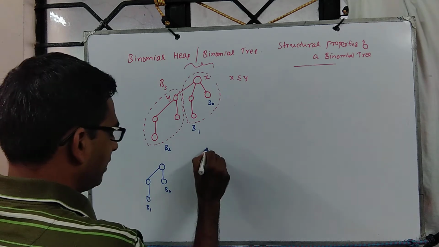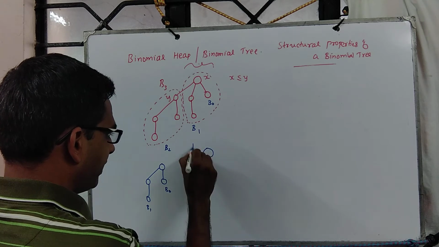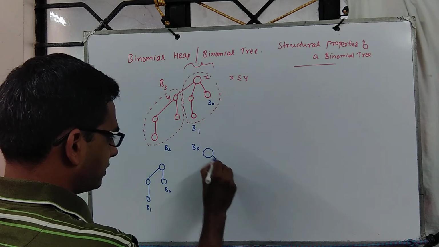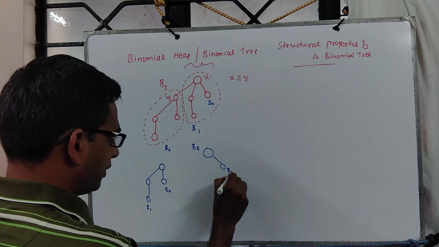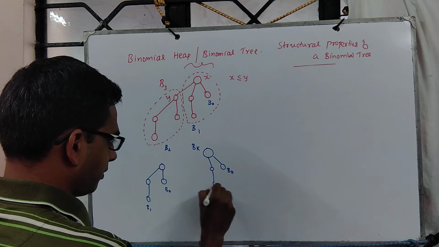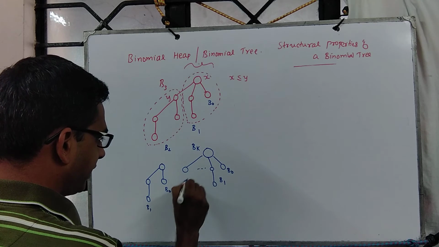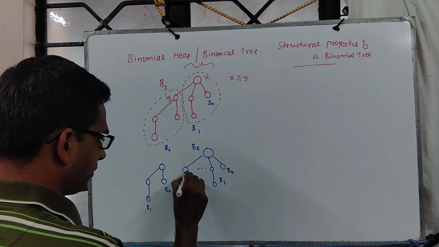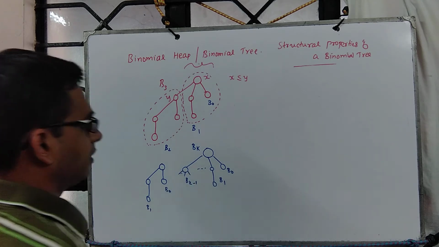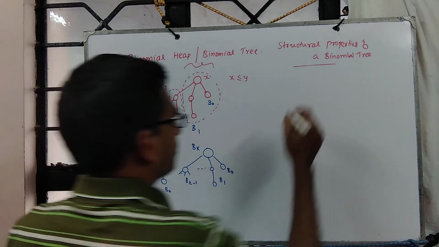So in general, if you have BK, its children are B0, then B1, so on up to BK minus 1. Okay, that's the other structural property.